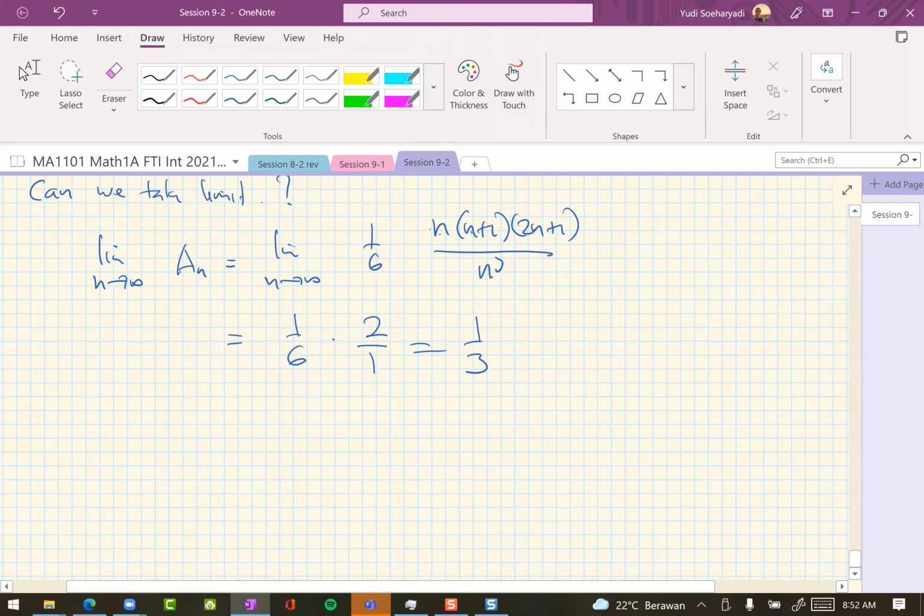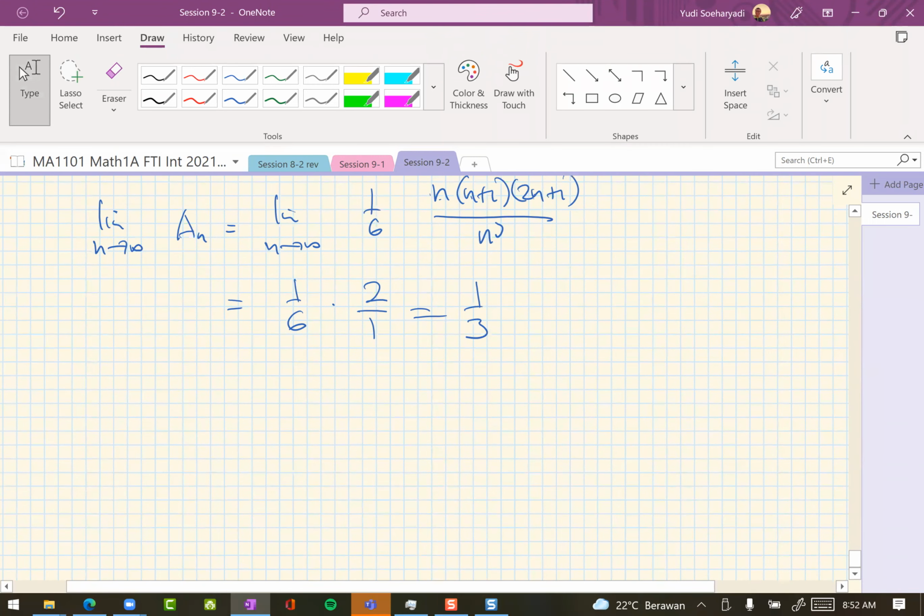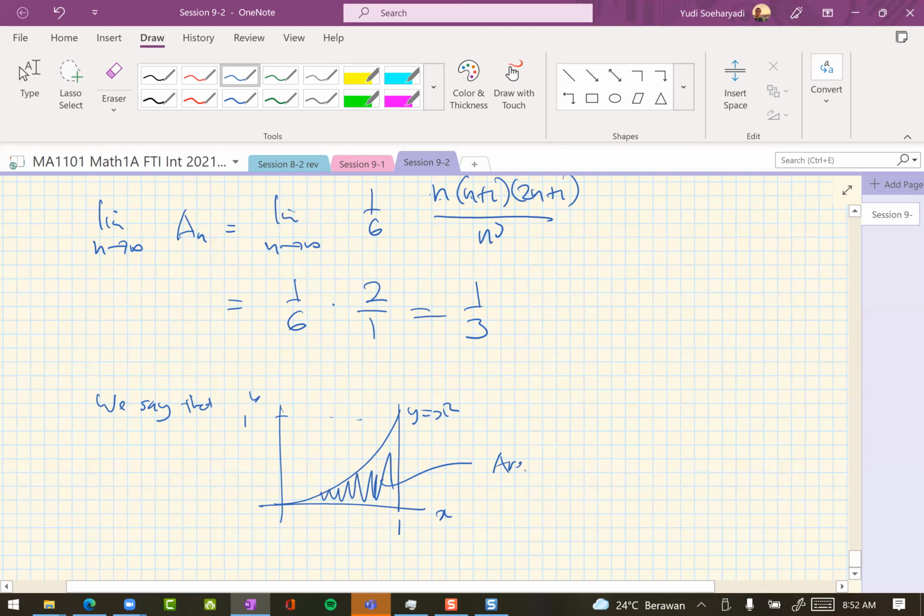So the conclusion is that this area over here is 1/3.